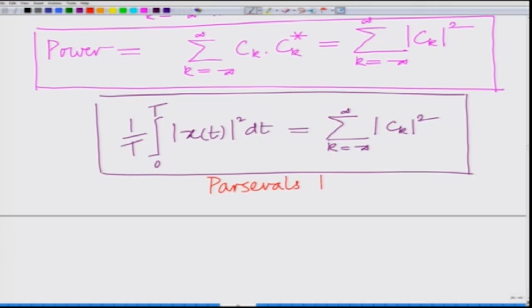This is known as Parseval's theorem, which gives us the power of the signal in terms of the spectrum.